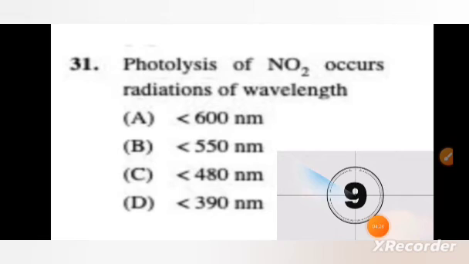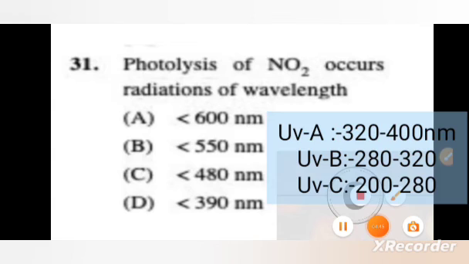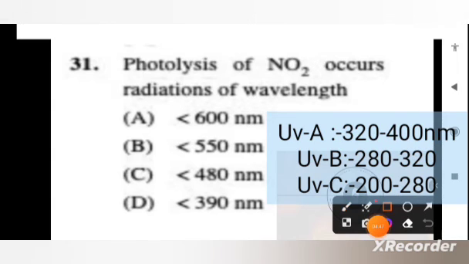Next question is, photolysis of nitrogen dioxide occurs at radiations of wavelengths? And here the correct option will be option D, that is at less than 390 nanometer.